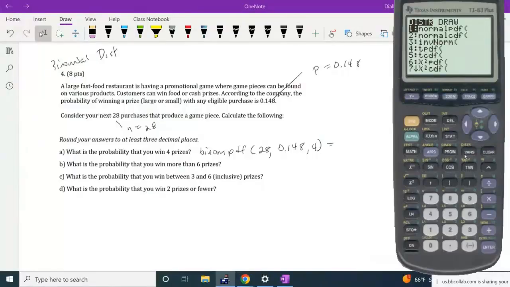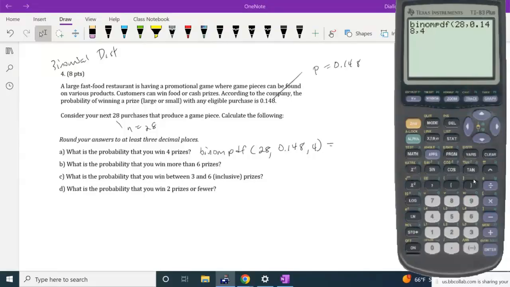Binomial PDF 28, comma, 0.148, comma 4. I round to 3 decimal places, 0.210 or 0.21. So there's a 21% chance that you will win exactly 4 out of your next 28 purchases.